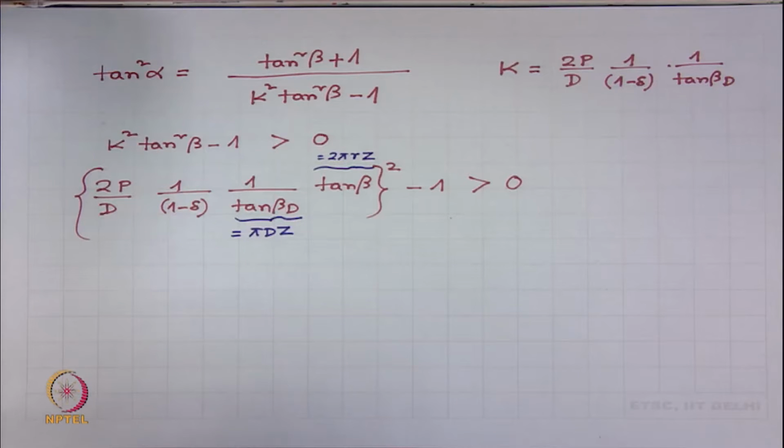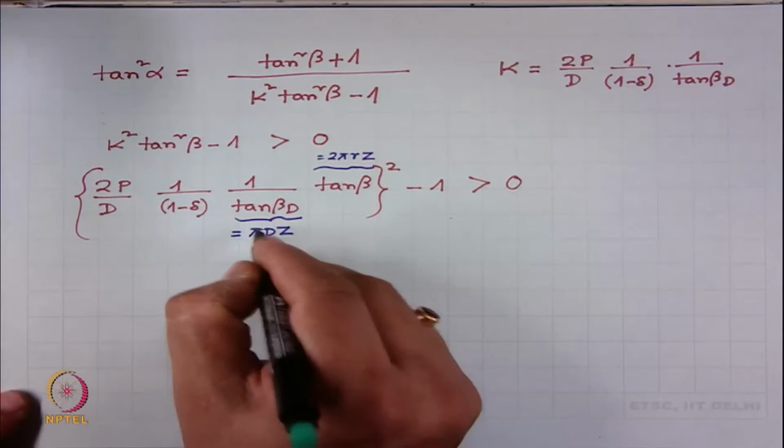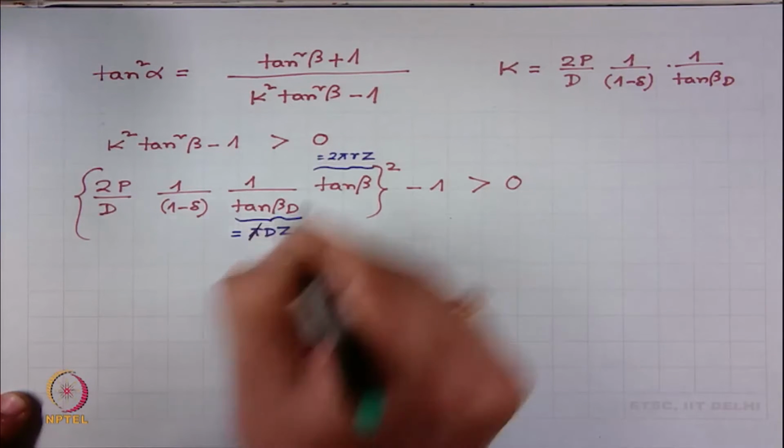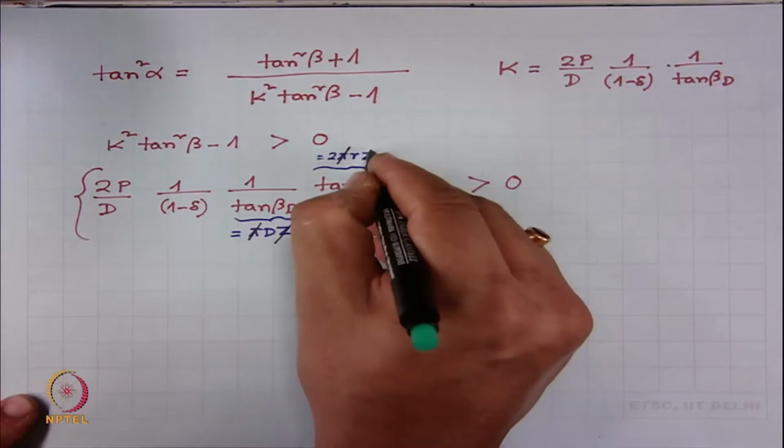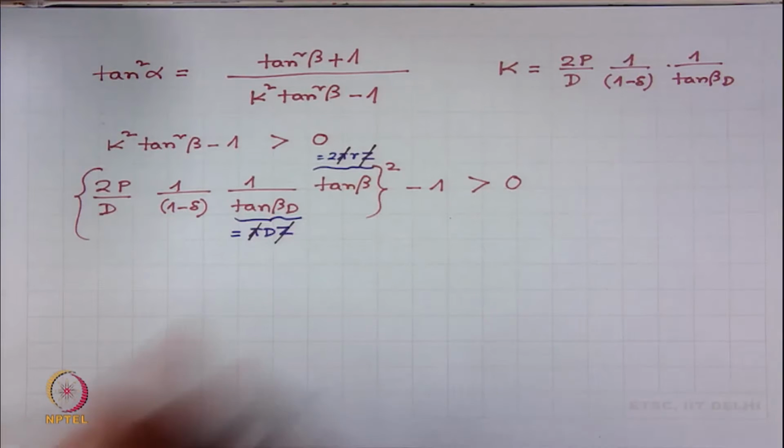So, what we see is that this pi cancels out, z cancels out. So, 2 r by d. So, basically 4.